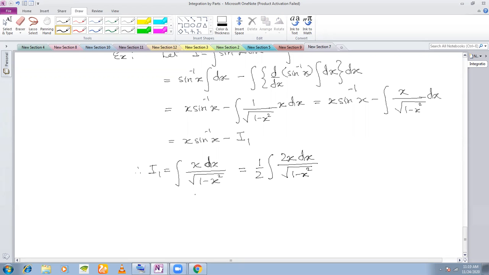Now you put t is equal to 1 minus x square. That means dt by dx is equal to minus 2x. That means dt is minus 2x dx. That means 2x dx you get as minus dt.